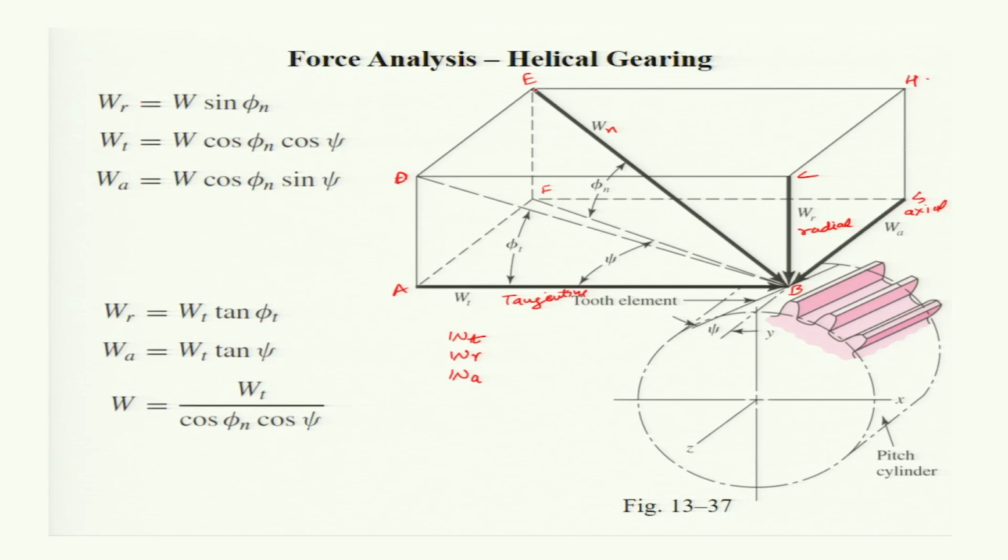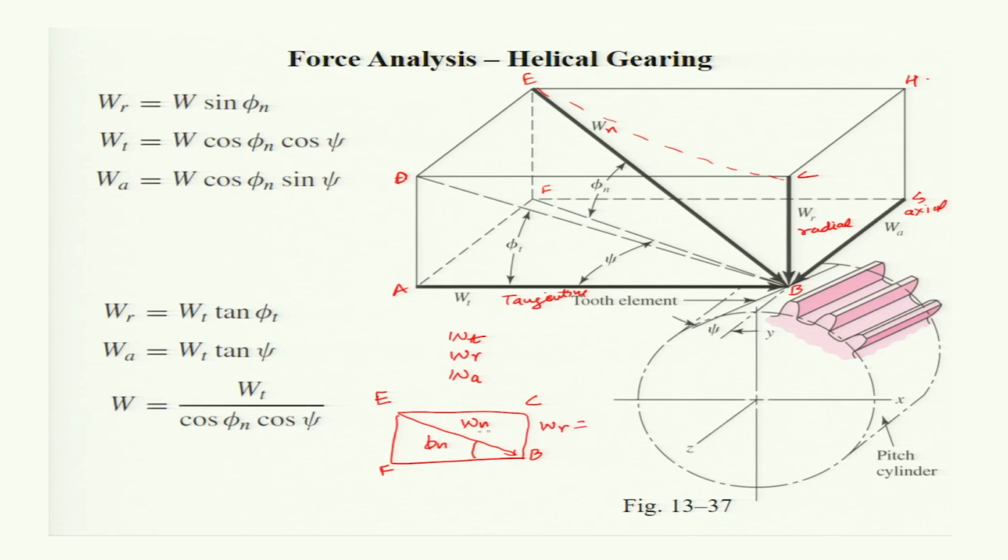So in the plane of E, C, B, F, this is your Wn, this angle is phi n, and this CB is the radial direction, you will get Wr.